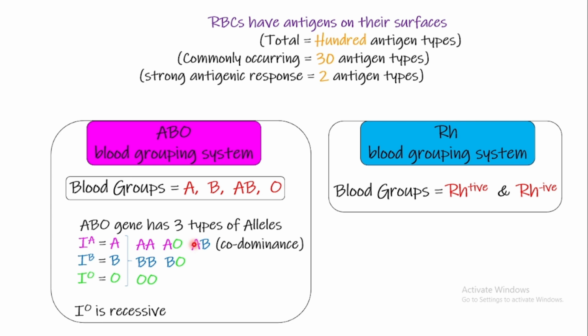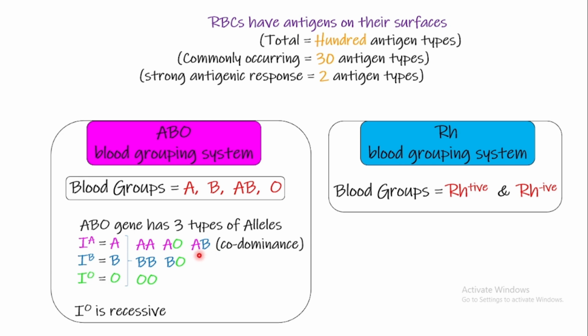Who is going to dominate among the A and B genes? As both are dominant, it is known as codominance. The RBC will have both antigen A and antigen B on its surface, and the blood group will be known as blood group AB.